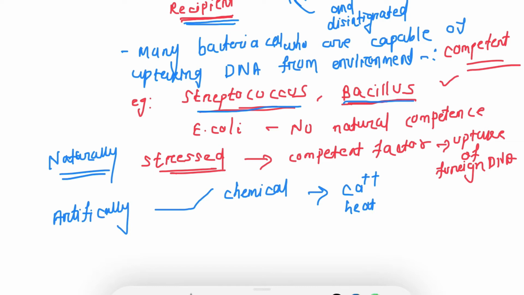The cells are treated with calcium, followed by an elevated temperature, which is called the heat shock. By this treatment, the bacteria will be able to take up foreign DNA. Or it can be done by electroporation.